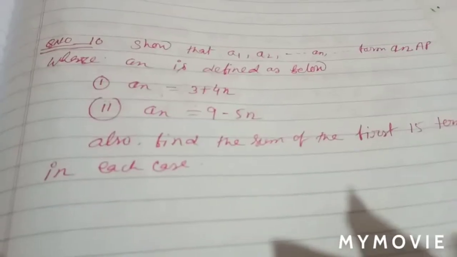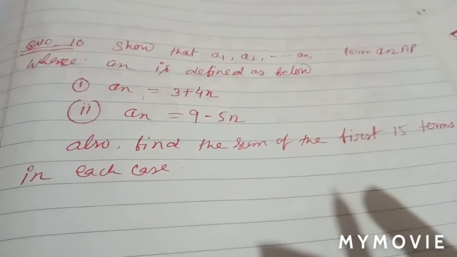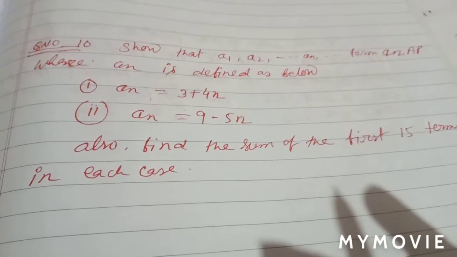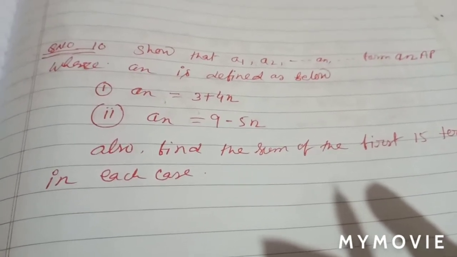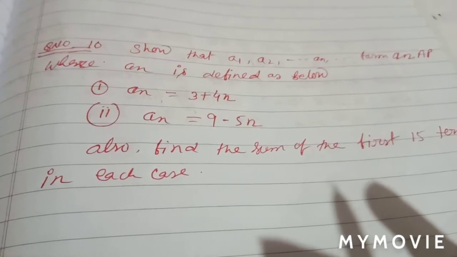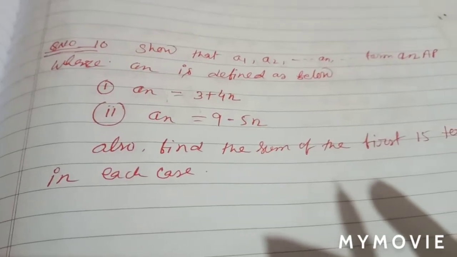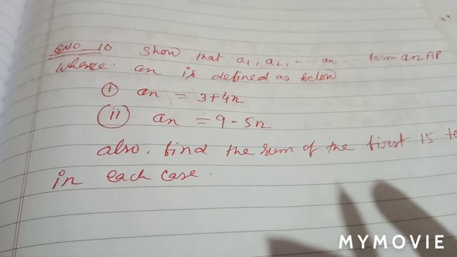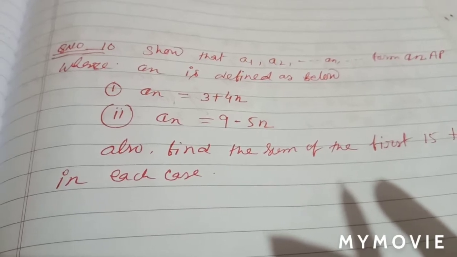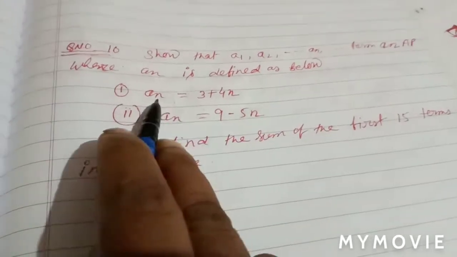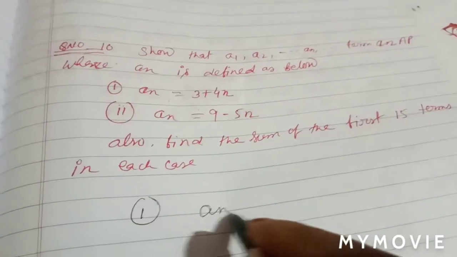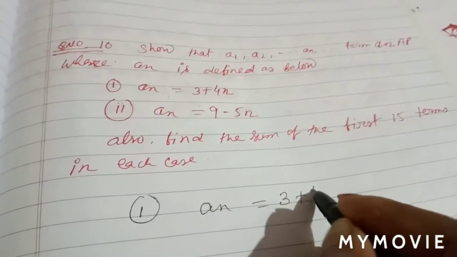Understood? Next. Show that a1, a2, an form an AP, where an is defined as follows. Here they have given the value of an, and you need to prove that they are in AP. Suppose number one: they have given 3 plus 4n.